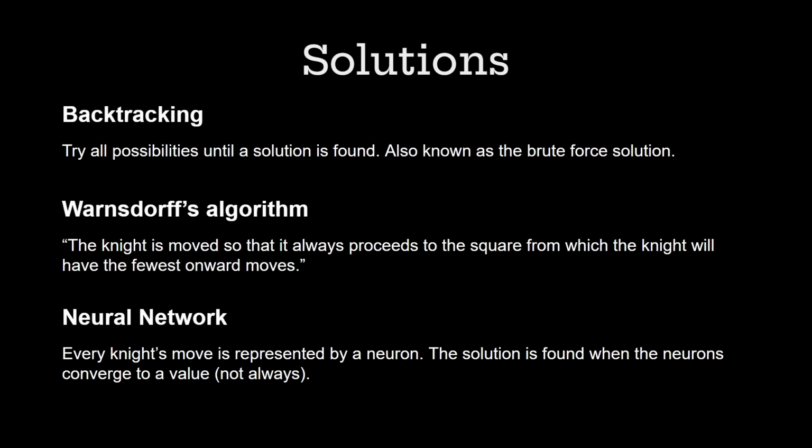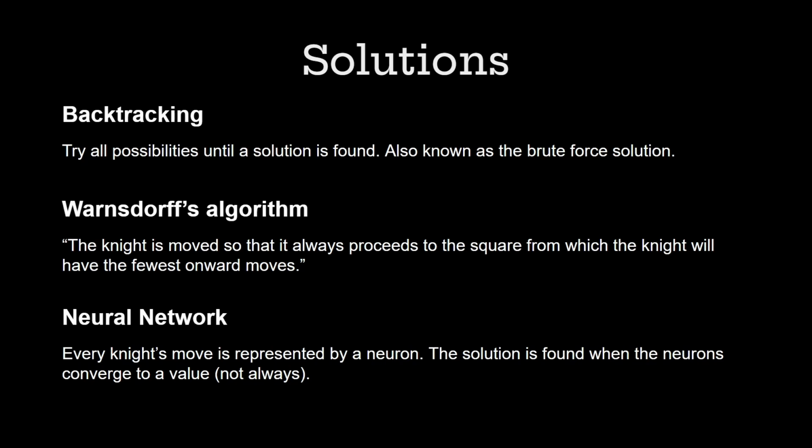The second solution is the Warnsdorff algorithm, which we are gonna talk more about later in the slides. And the most impressive, personally, the neural network solution. In this solution, every knight's move represents a neuron.